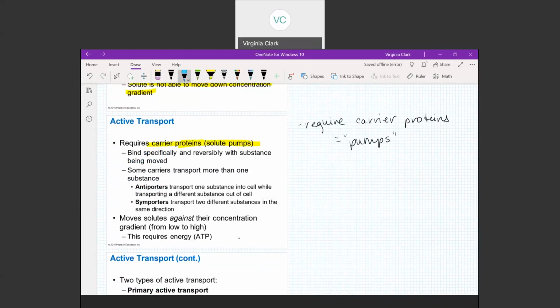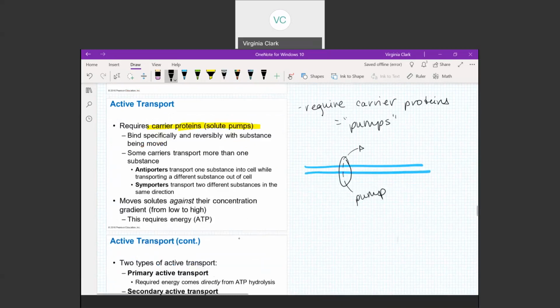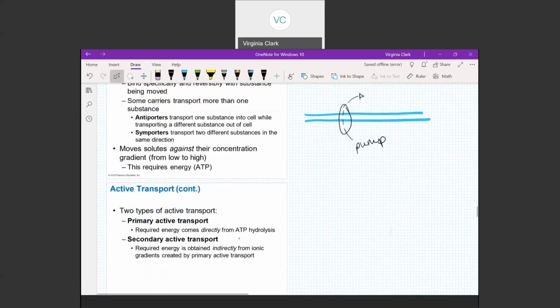So if here's my plasma membrane, this carrier protein is going to pump somehow across something, more than one thing, but most solutes are going to move against their concentration gradient. This is really, really important because we are moving things from an area of low to an area of high.